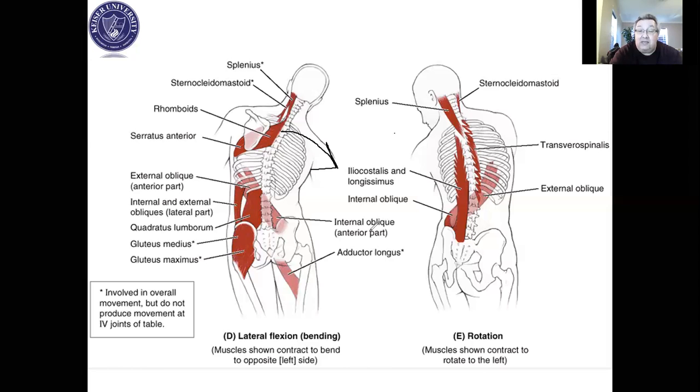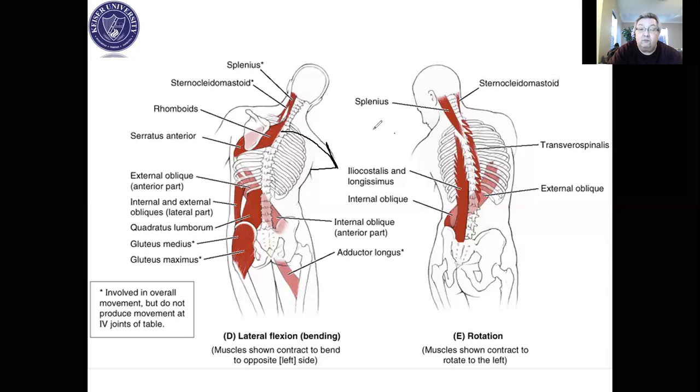On letter E, the picture on the right, we're looking at someone that is rotating. And remember, when we spoke about rotation, we really spoke about the internal and external obliques. So here in this picture, we have someone that is rotating to the left. So when we rotate to the left, the left internal oblique contracts, because the internal oblique contracts to the ipsilateral side.